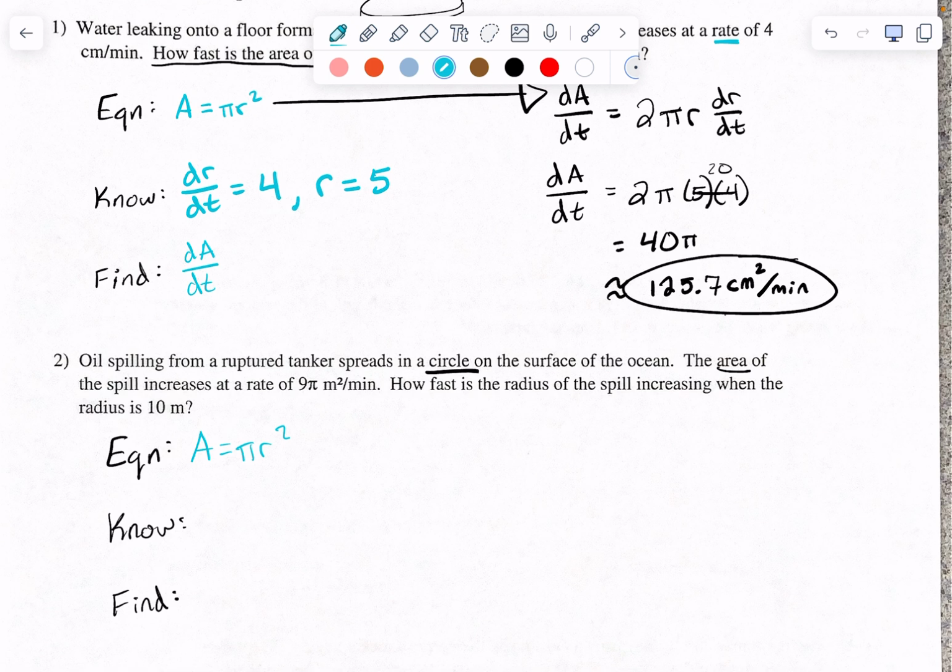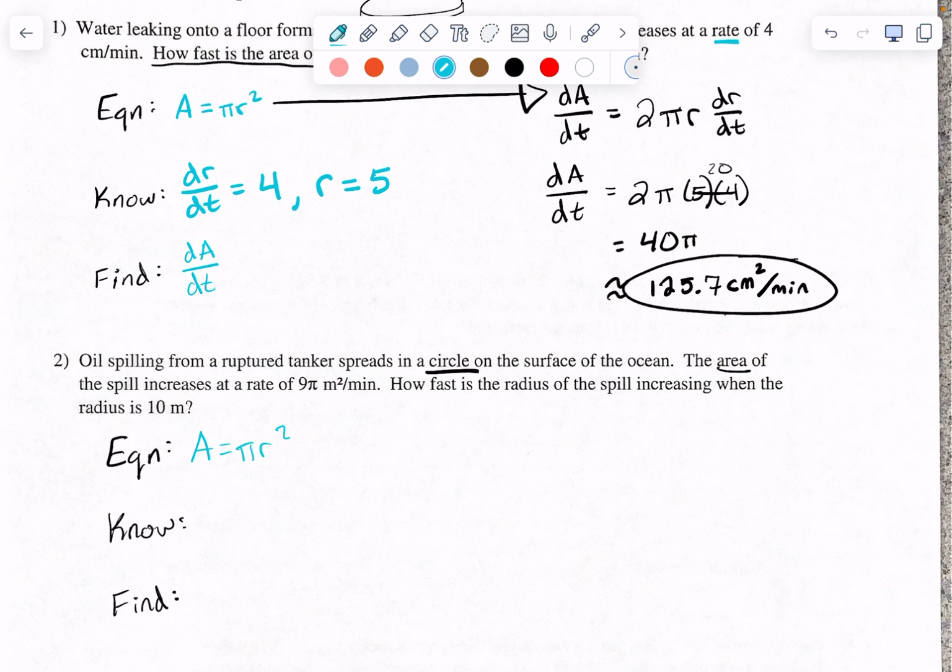Okay, so let me do some thinking out loud here. Our rate is the area, and we need to figure out how fast the radius is changing when the radius is 10. 9 pi equals 20 pi dr/dt.